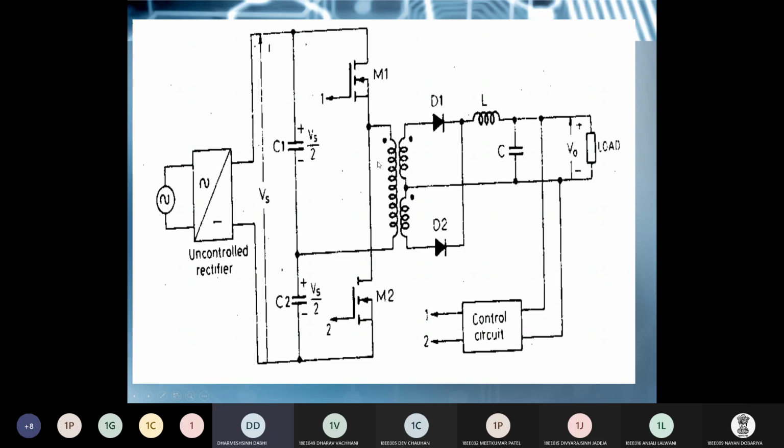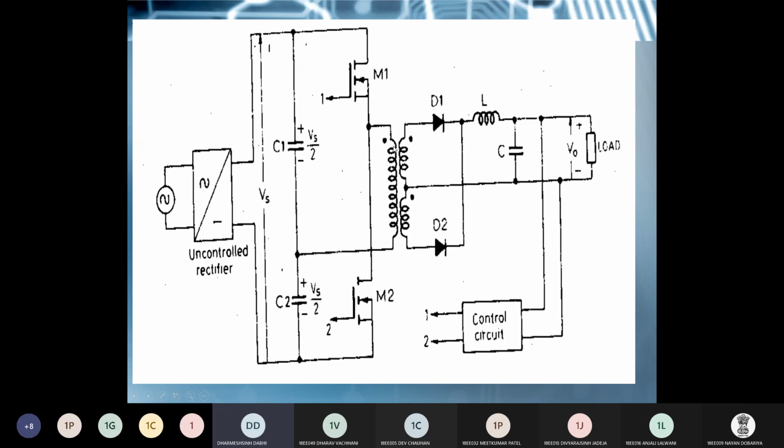It means that across the primary winding of this transformer, the voltage of C1 comes across, which is Vs by 2. And this circuit is open because M2 is in off condition, so this voltage is not coming into the picture. Capacitor C2 voltage Vs by 2 comes into the picture when M2 is in on condition.